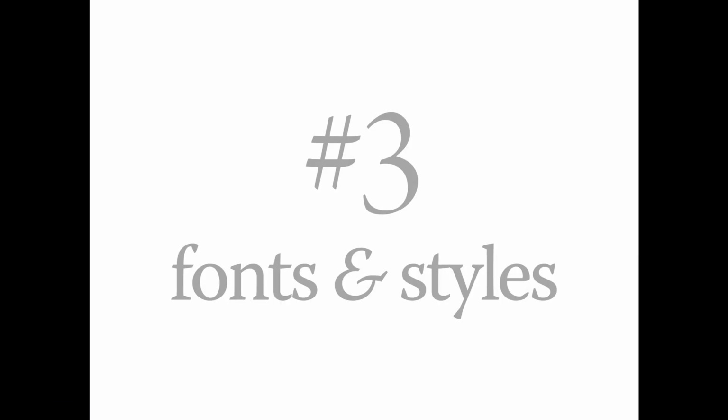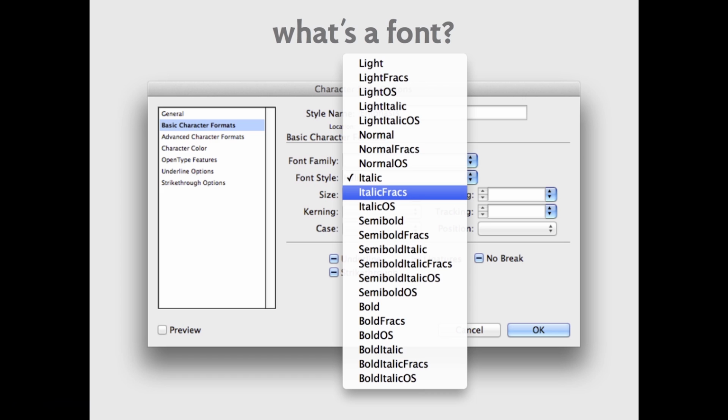Here's a third example, fonts and styles. This is from Adobe InDesign, which is essentially the industry standard tool for desktop publishing. I've opened the character style dialog box, which allows me to set a uniform style. For example, I want an emphasis style that I'll use to make sure that whenever I want to emphasize something, I'll put it in italics.